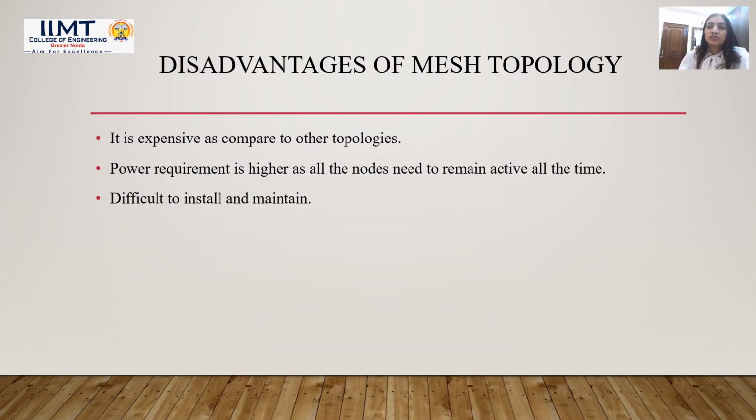Costly, because it contains a large number of connected devices such as routers and more transmission media than other topologies. In this network topology, the network is very large and difficult to manage and maintain.